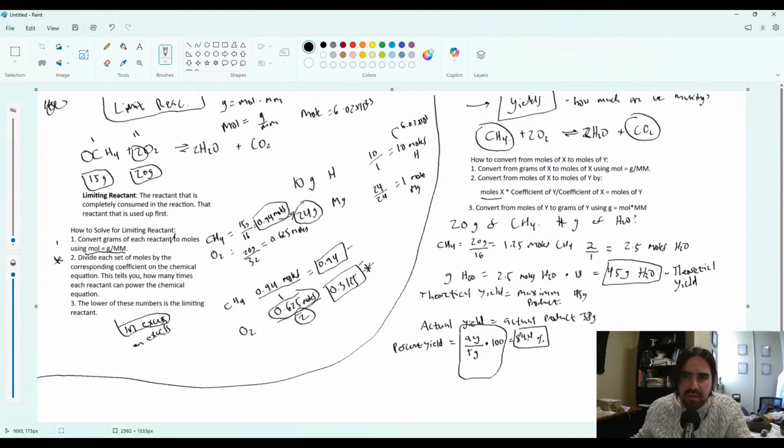And then number two, what is the theoretical yield? You could blend those two questions together. Now, all you have to do is put these two things together and then you've solved it. The first step, solve for the limiting reactant. Once you've figured out the limiting reactant, then you can use that to determine what the theoretical yield is.